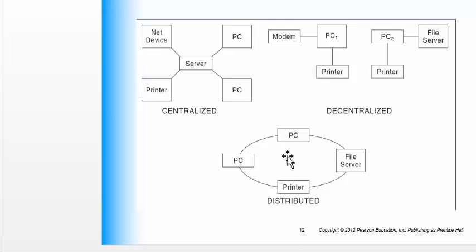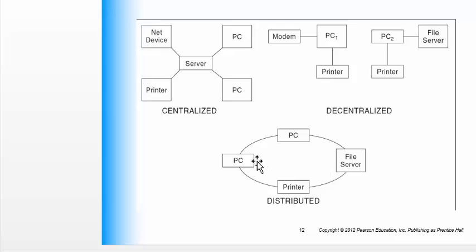The distributed model. We have a client and we have a server. So the clients are these PCs. They still have processing power, and they also have storage capacity, but the majority of the processing is done on the server. We have an application server and a database server, and we have the PCs requesting.